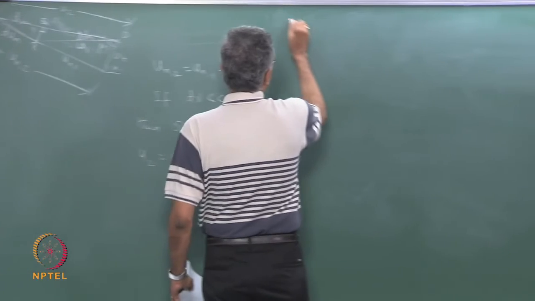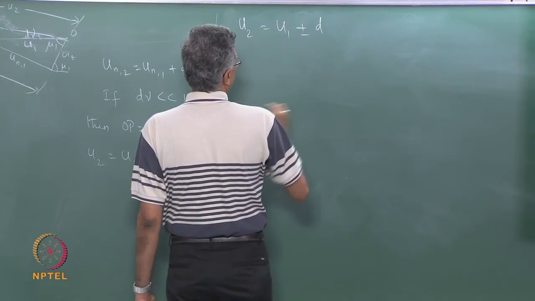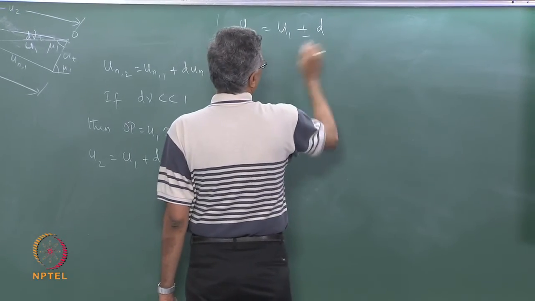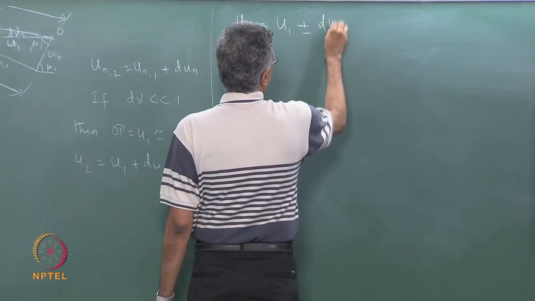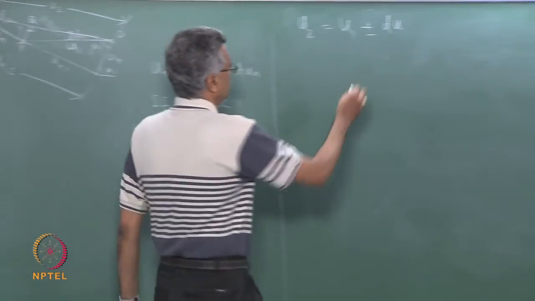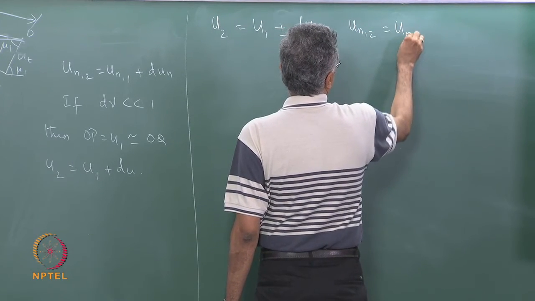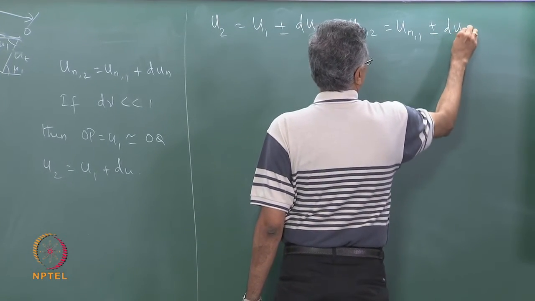We will not be able to complete this today, but let us get started. So, we can write in the general case for the Prandtl Meyer solution, for the compression or expansive solution, U2 is equal to U1 plus minus du, and UN2 is equal to UN1 plus minus DUN.